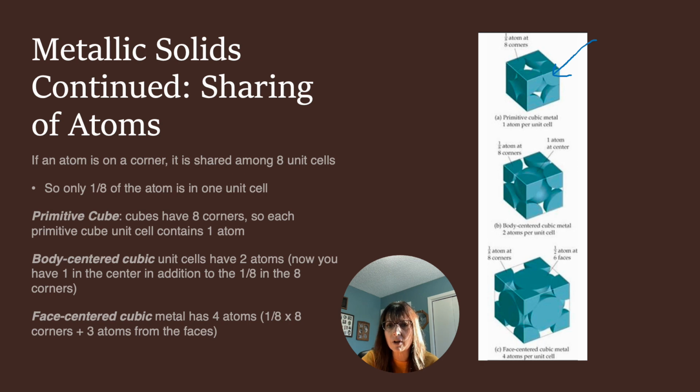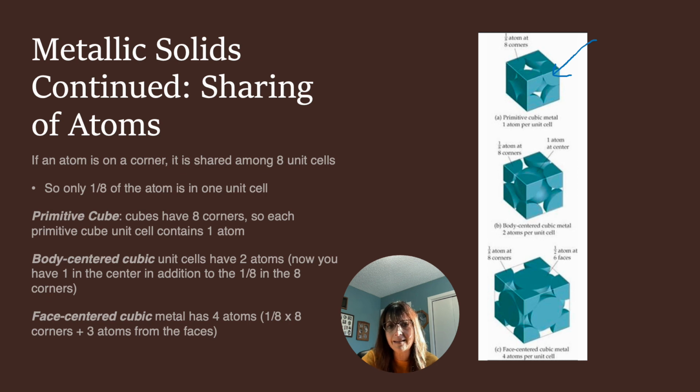So if you can picture another square next to it and above it and over here three-dimensionally, that one atom is being shared amongst 8 different unit cells. So if you think about a primitive lattice structure, there are 8 corners. If there is 1/8 of an atom in each corner, 1/8 times 8 is 1 atom. So in a primitive cube, there is a total of 1 atom.